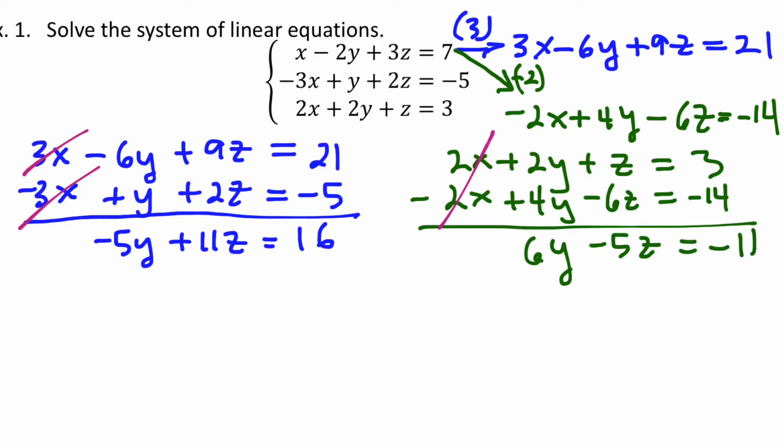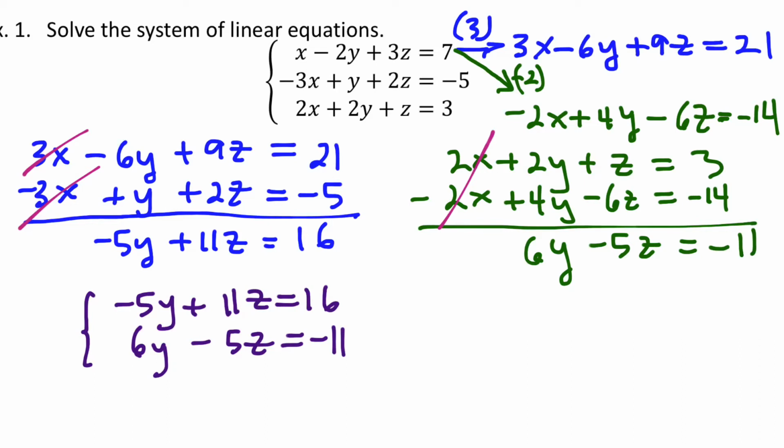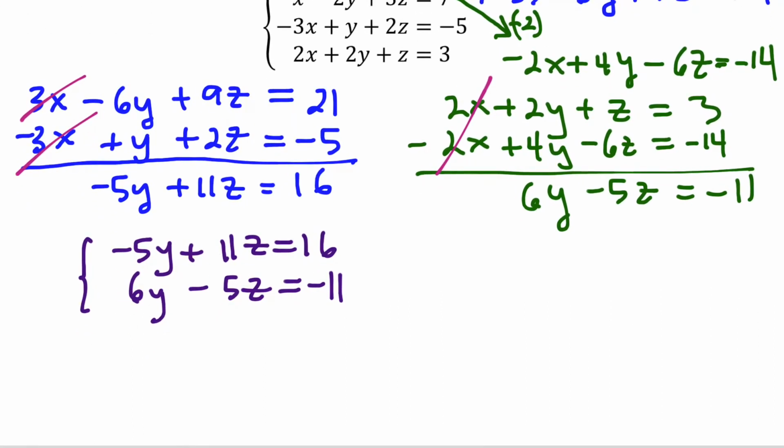Now what I have are 2 equations here with y and z. So I can solve those simultaneously to figure out what y and z are. So let me write those together. Now I'm going to work on this smaller system here and find out what y and z are. I can rewrite using the first equation.